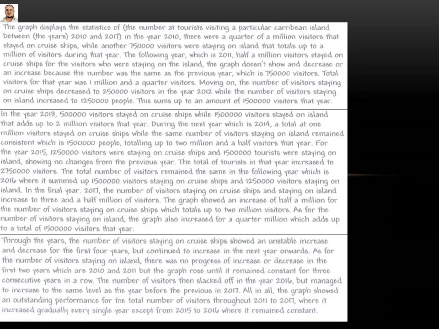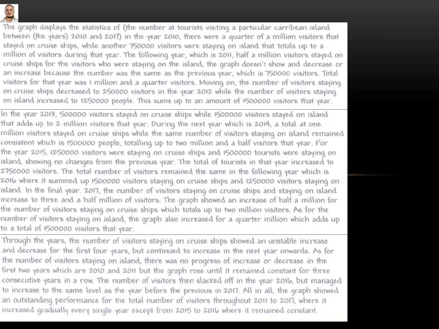The total number of visitors remained the same in the following year, which is 2016, where it summed up 1,500,000 visitors staying on cruise ships and 1,250,000 visitors staying on island. In the final year, 2017, the number of visitors staying on cruise ships and staying on island increased to 3.5 million visitors.